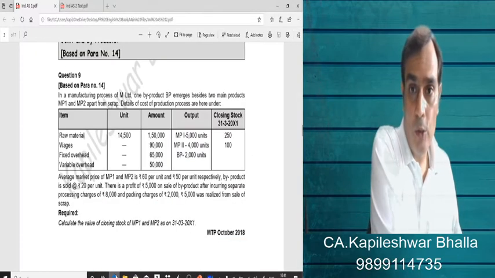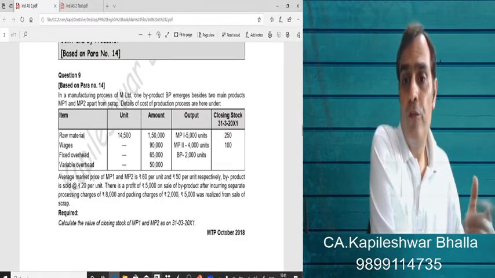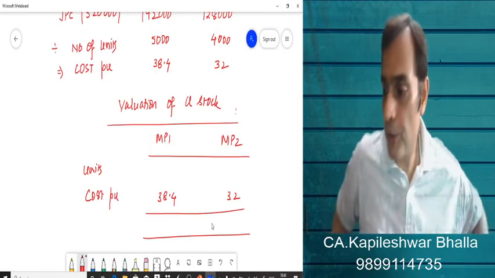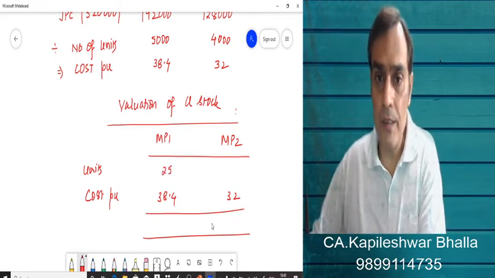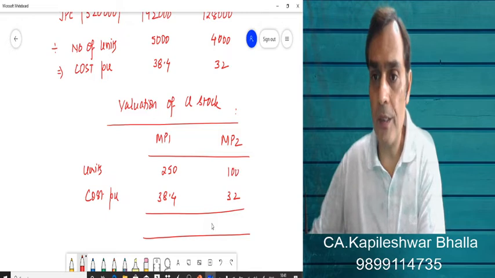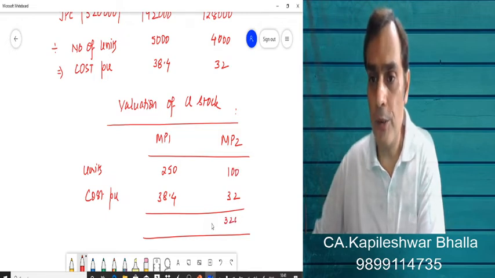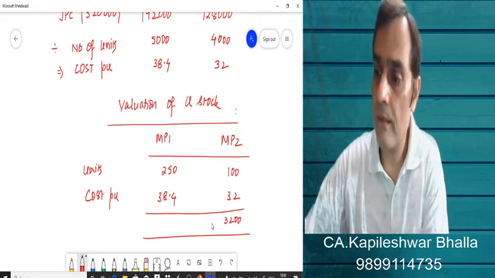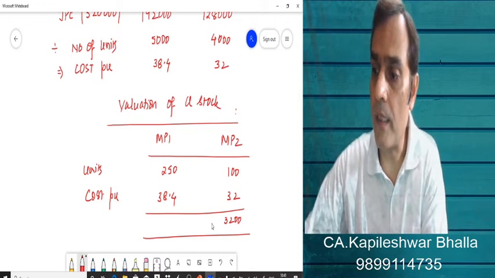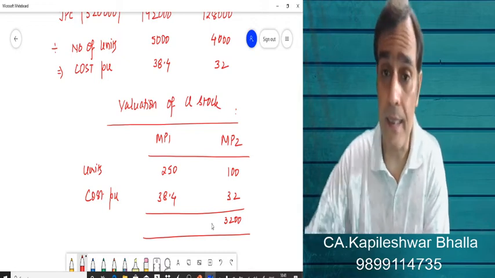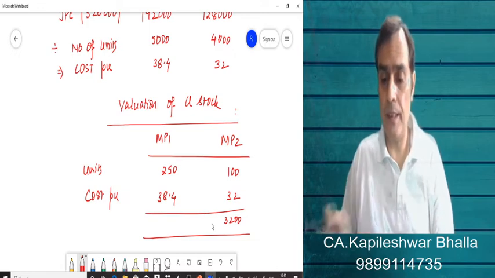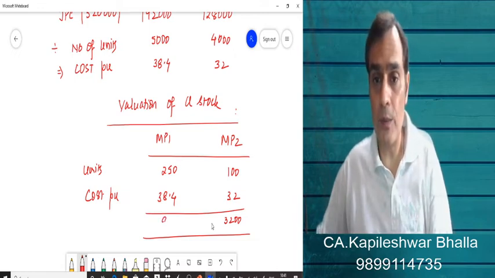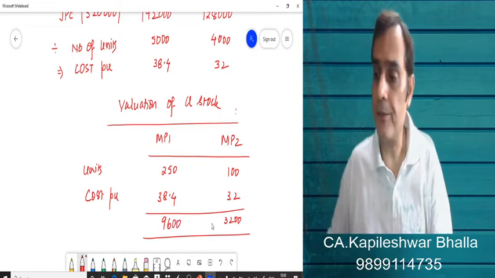And we get the closing stock is 250 and 100 units respectively. So this is 250 and this is 100 units. So that works out at 3200 and this works out at a figure of 9600, I guess. 250 into 38.4, that's right, it works out at 9600.